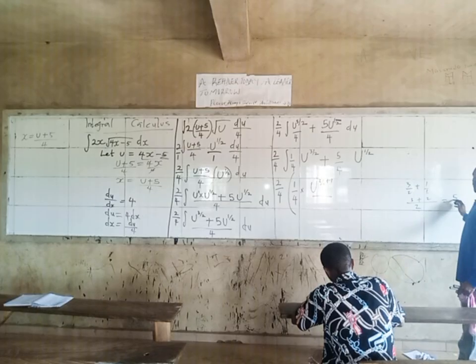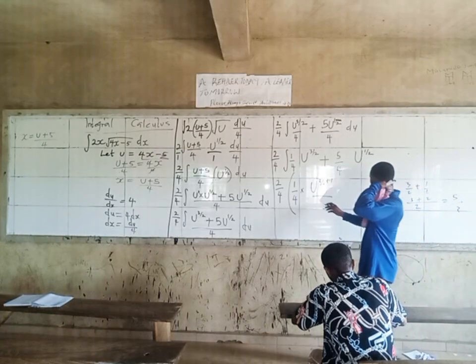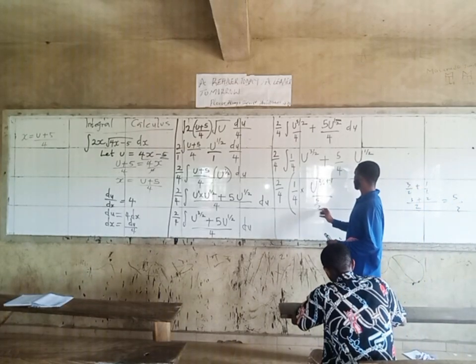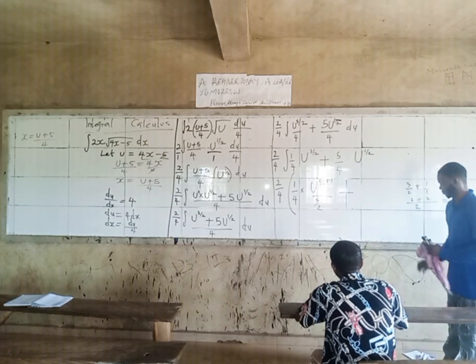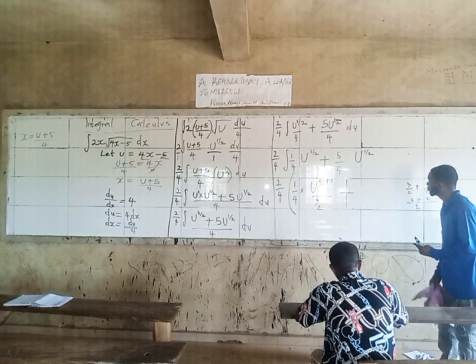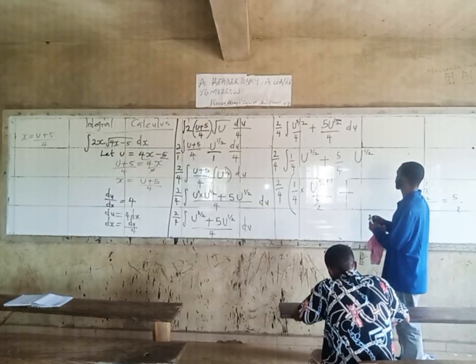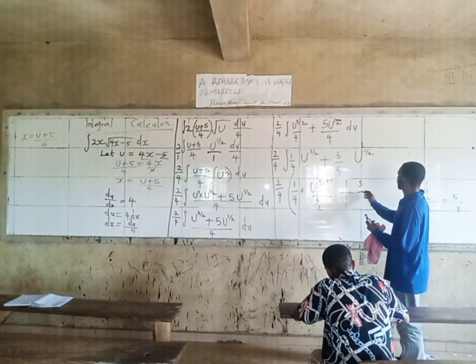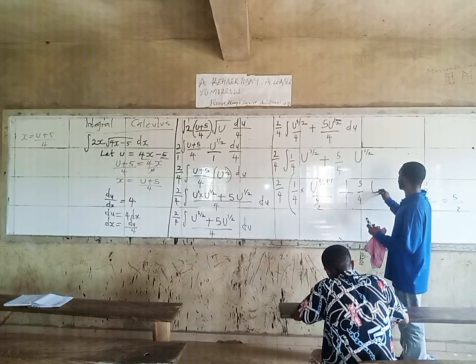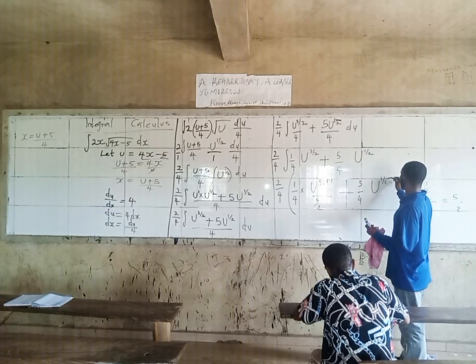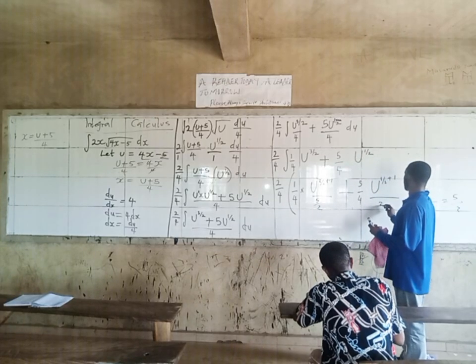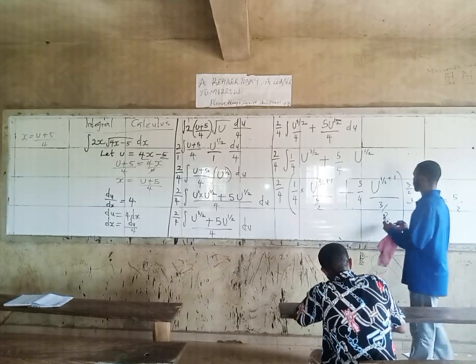So 5 over 2. So 5/2 plus 5/4 u. Add 1 to this, you have 1/2 plus 1, which will be 3/2.